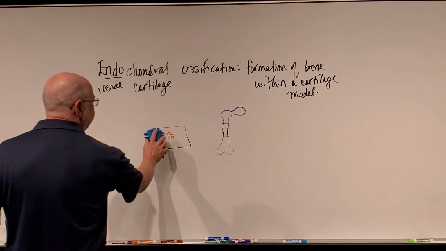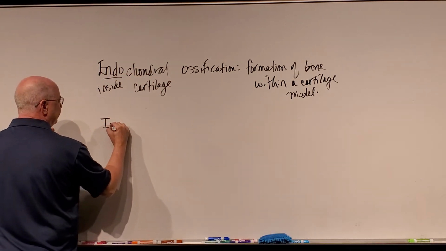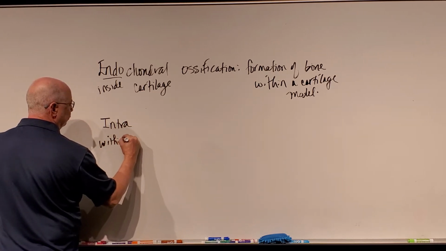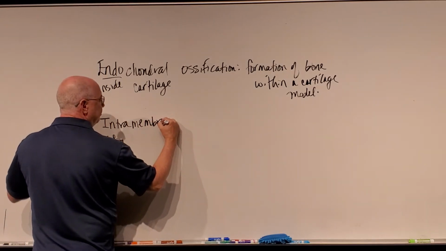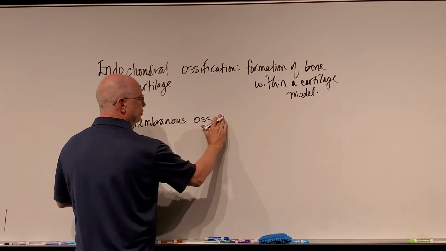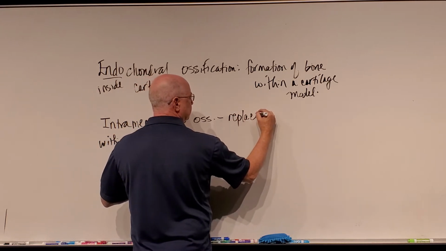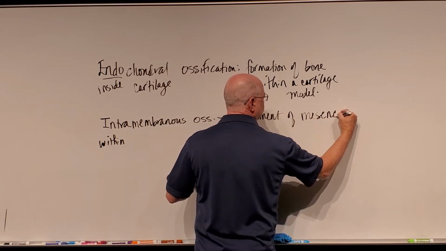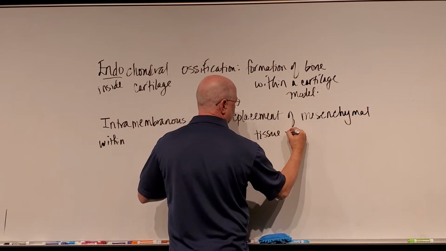So, now the other type of cartilage formation that we're going to talk about is called intramembranous. Intra always means within or inside also. It means inside like endo does. But in intramembranous ossification, and I'm just going to abbreviate the word ossification, this is the replacement of mesenchymal tissue with bone.